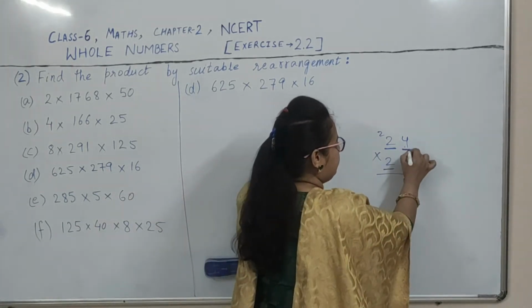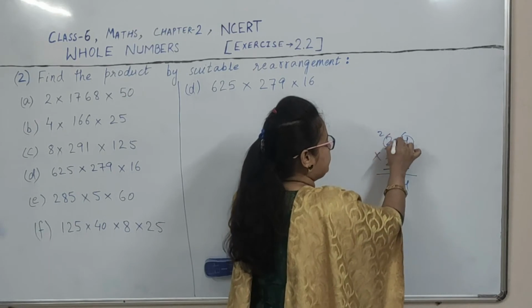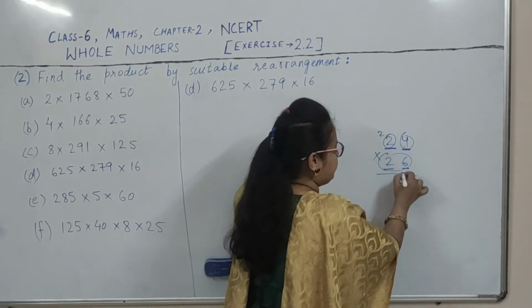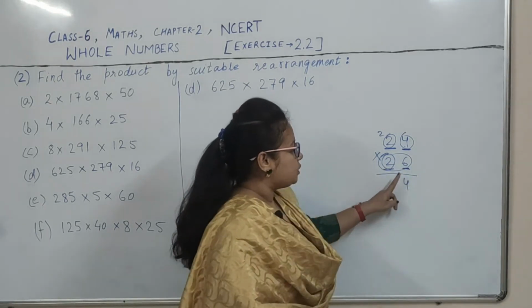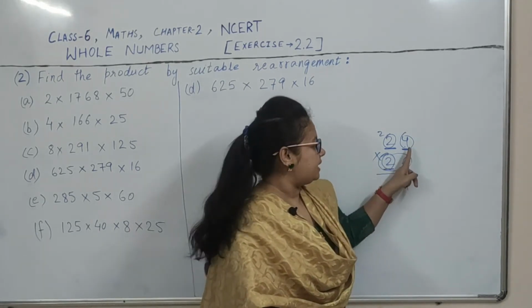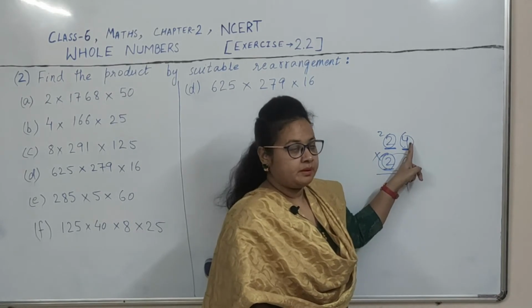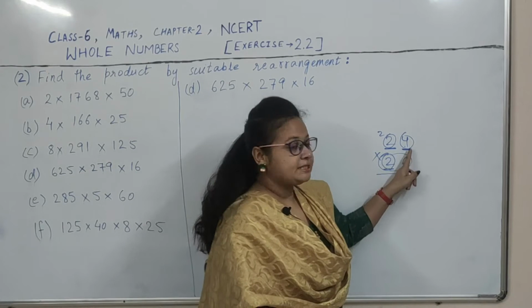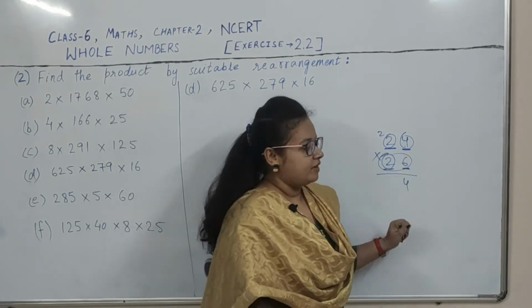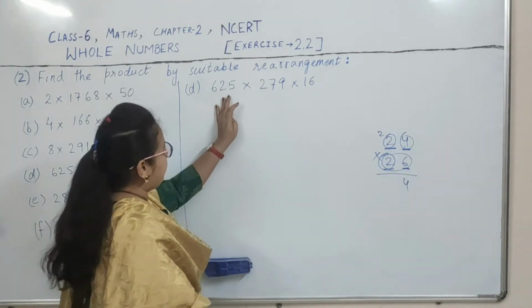For this number the units place is this and the tens place is this, and for this number 26 the units place is this and the tens place is this 2. So if we have to multiply two numbers, we first multiply the digit at units place. So we will check here.